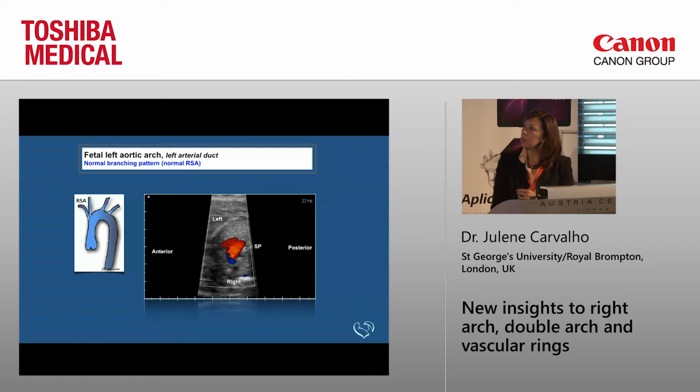So let's look now in the fetus at the branching pattern of the left aortic arch, and we are here on a short clip showing the V shape of the right and the left duct and the left aortic arch, and the position of the trachea. This is the right side.